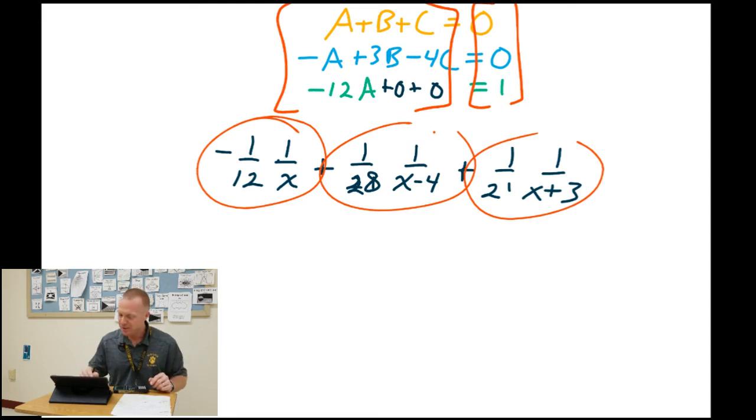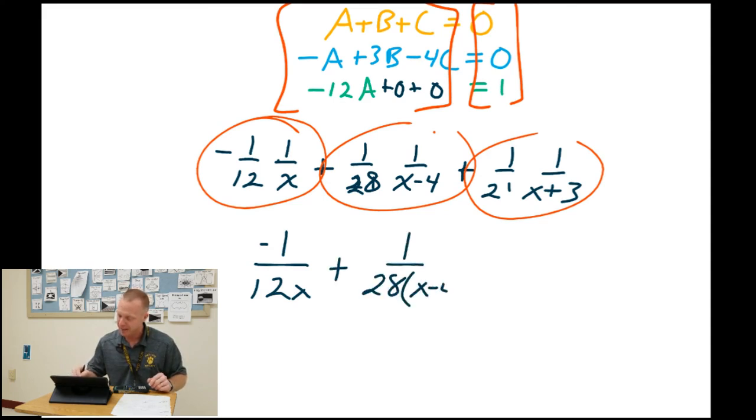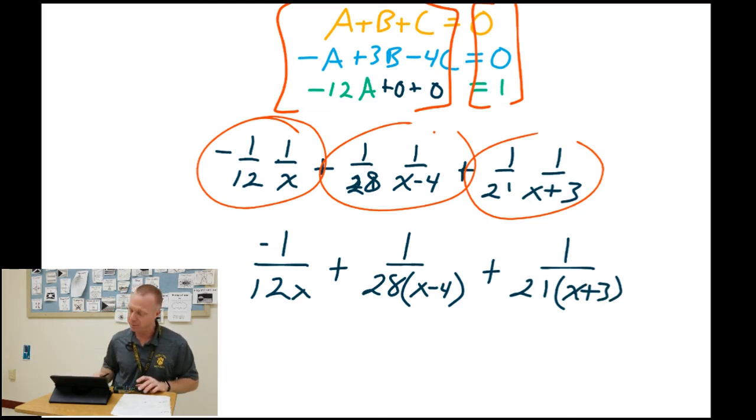Could I have written this as something like negative 1/12x? Yes, you could have combined it a little bit. There's a reason I left it in the first form, and it'll be for calculus next year, but it's not a big deal. You certainly could present it the way I wrote it in the second line, combining those fractions a little bit.